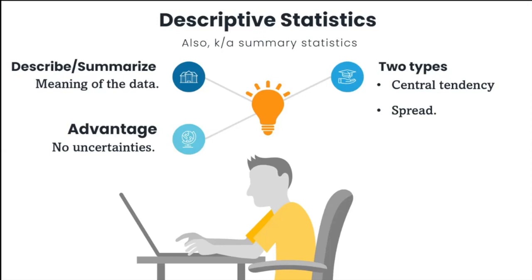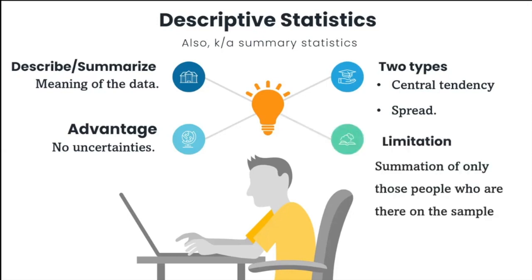But the limitation is that it only gives the summation or result of the people on whom you have performed the analysis. So the external generalizability of the result will be very limited to only those persons who are part of your study.